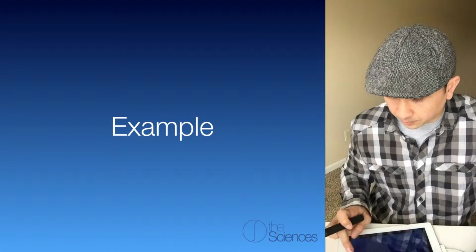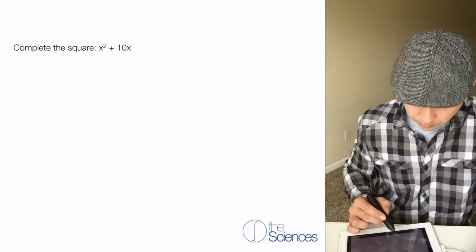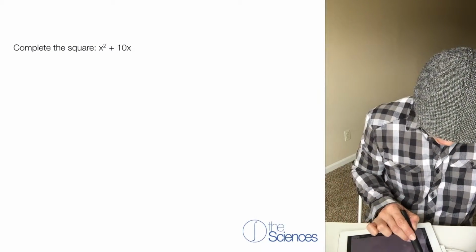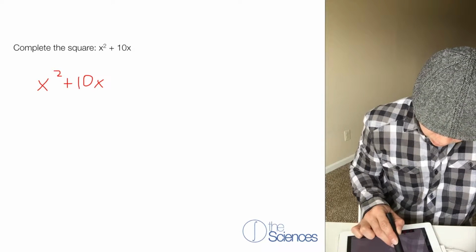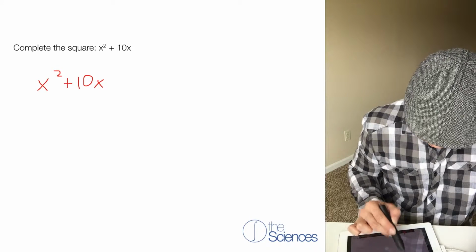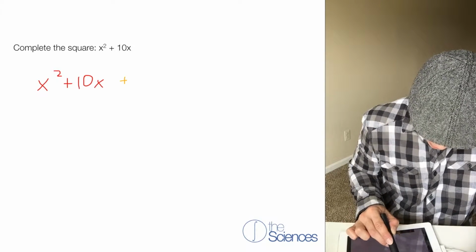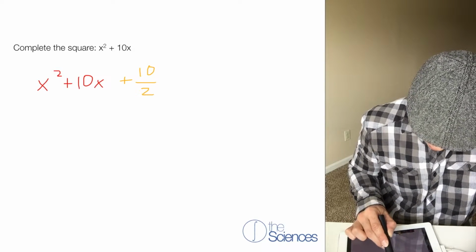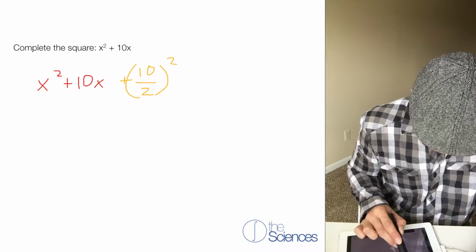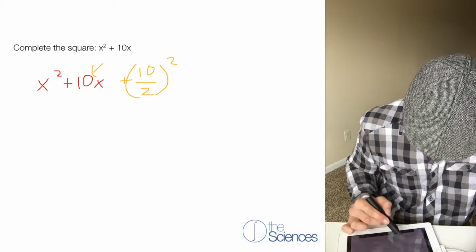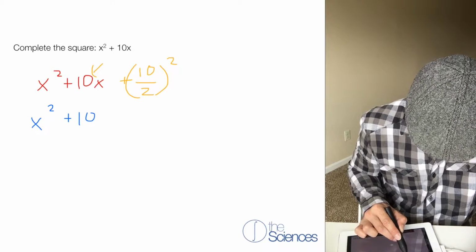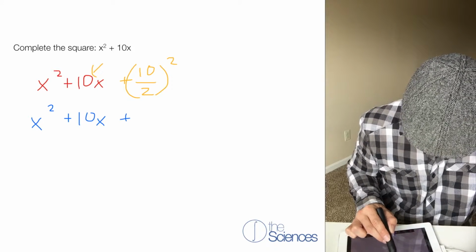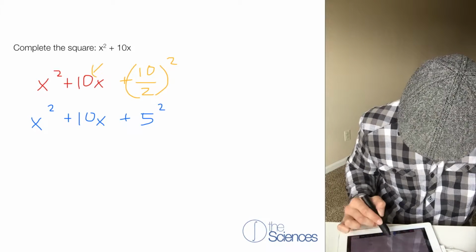So let's do an example. Let's complete the square of x squared plus 10x. Now we're going to add 10 over 2 squared, which gives us x squared plus 10x plus 10 divided by 2, which is 5, squared.